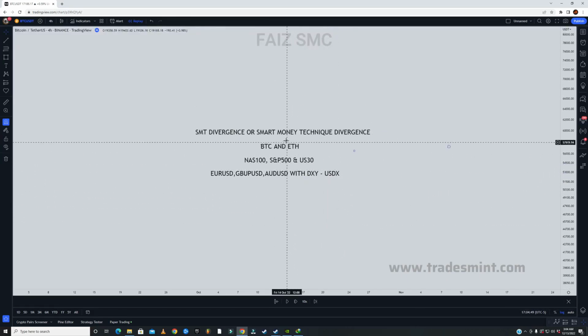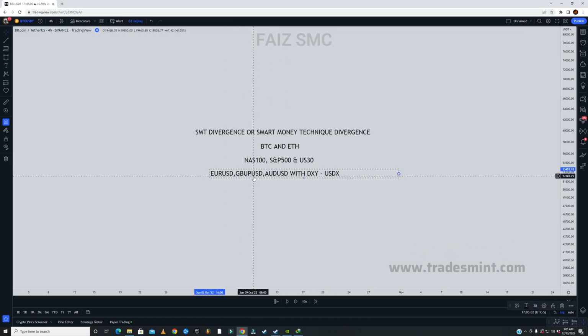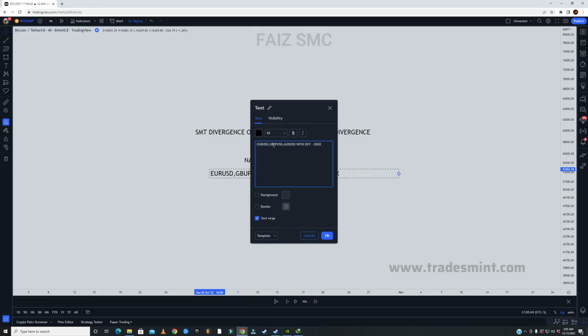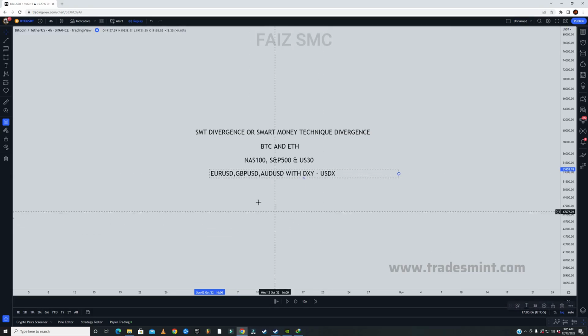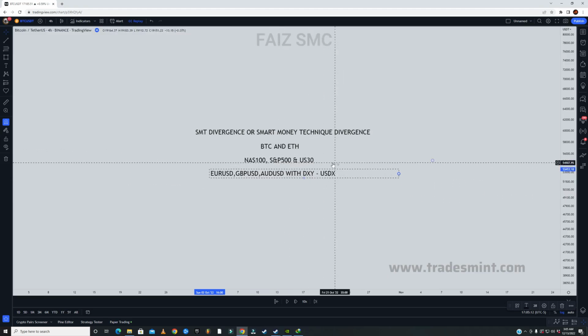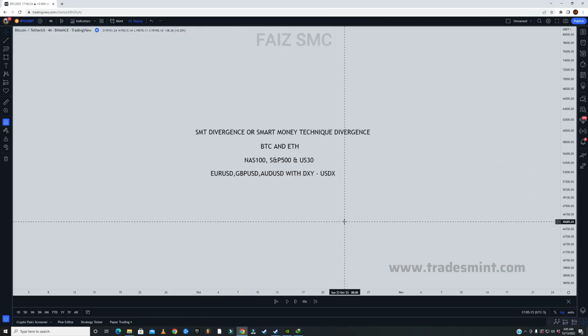So you can use Bitcoin and Ethereum, which have correlation, or NAS 100, S&P 500, and US 30. You don't want to use EUR USD, GBP USD, or AUD USD together. You want to use one of these with DXY, the dollar index.